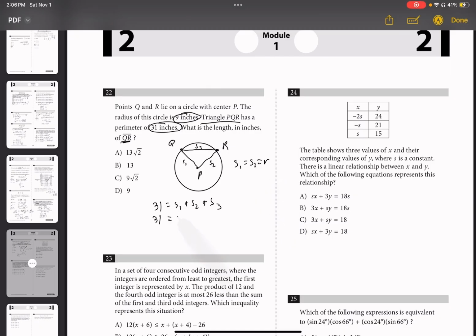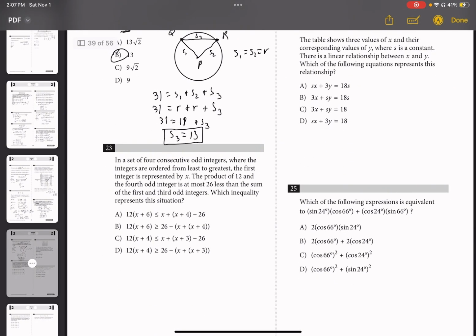So you're going to have 2R plus side 3. And we know that the radius is equal to 9. So we have 31 is equal to 18 plus S, this third side. So the third side is going to be equal to 13. And that is your answer.